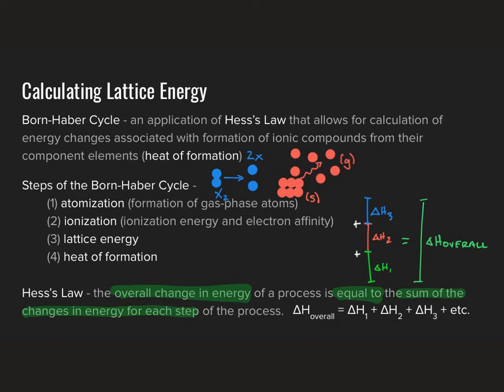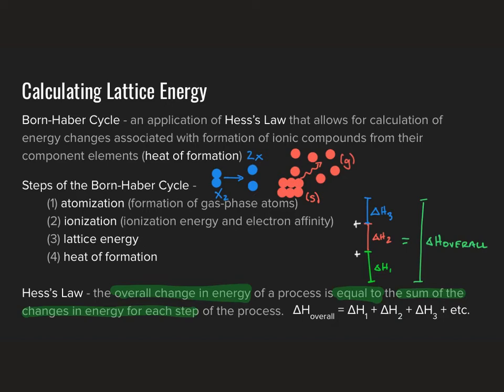Once we have ionized the species, we have now ended up with gas phase ions. We can now use a lattice energy step. And again, remember by definition, lattice energy was the change in energy associated with the formation of 1 mole of an ionic compound from its separated gas phase ions.